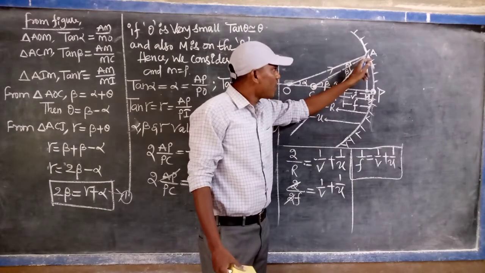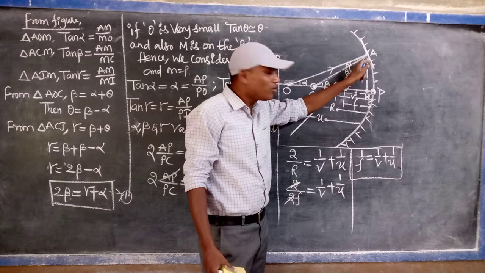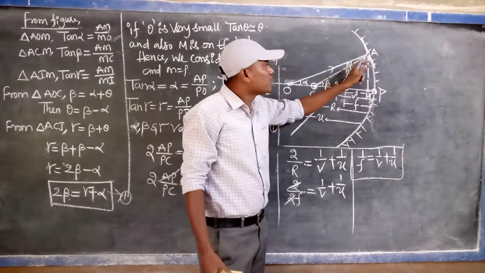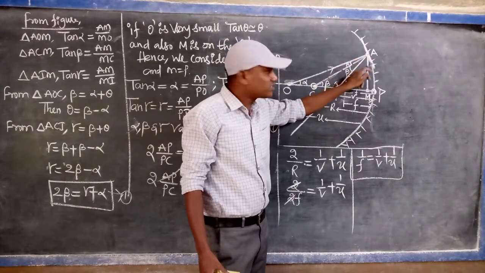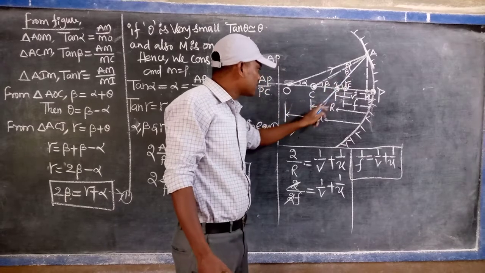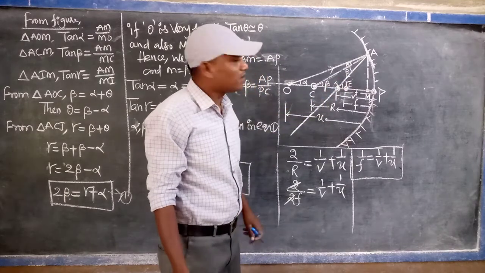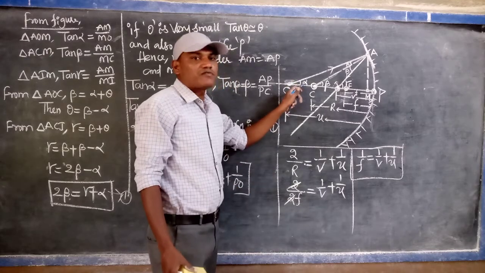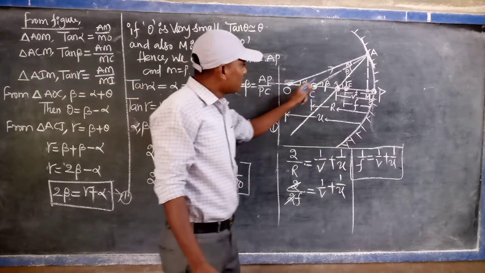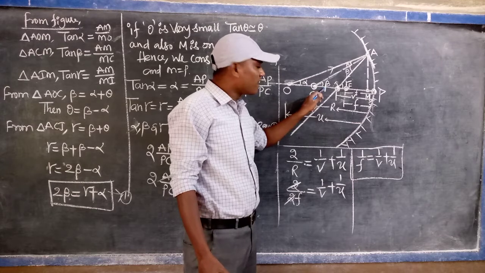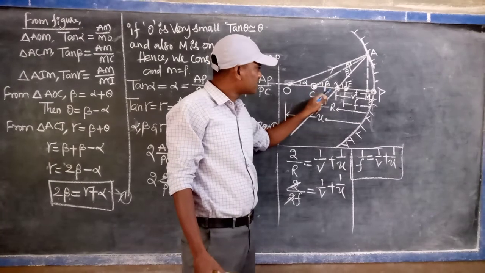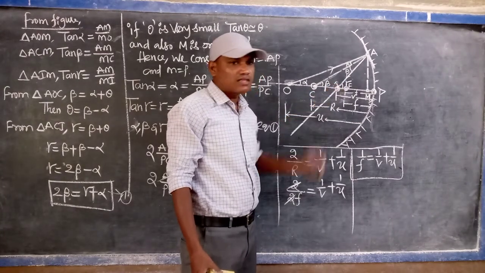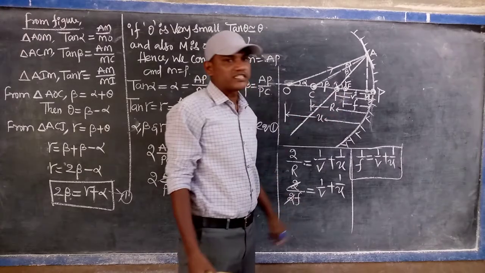When the light falls at point A, it follows the laws of reflection and is reflected back, passing through the point I on the principal axis. This ray makes angle alpha with the principal axis, the normal makes angle beta, and the reflected ray makes angle gamma.